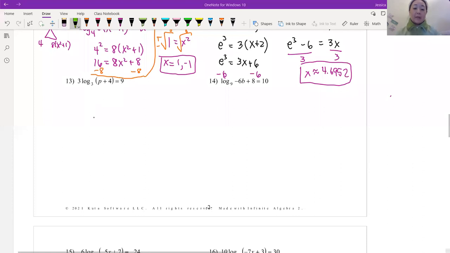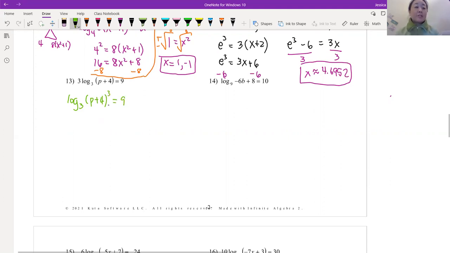All right, so there's actually 2 ways to do this, and I'll do both ways and you can kind of see which way you like better. All right, so the first way is to rewrite this. Remember this is the exponent, so this is going to be log base 3 of p plus 4 to the 3rd power is equal to 9, right?